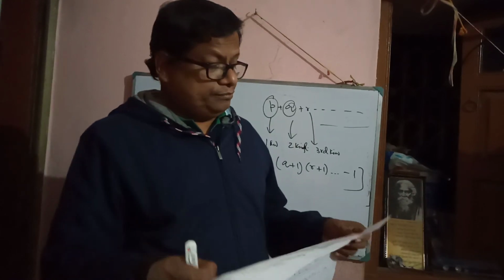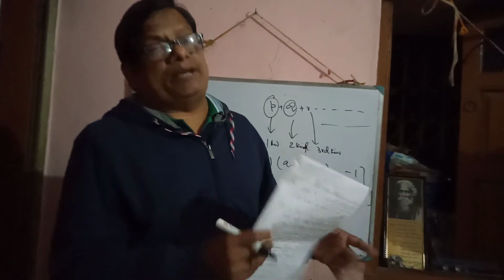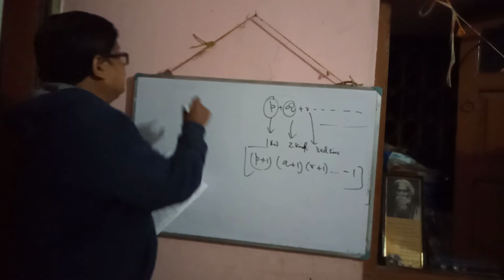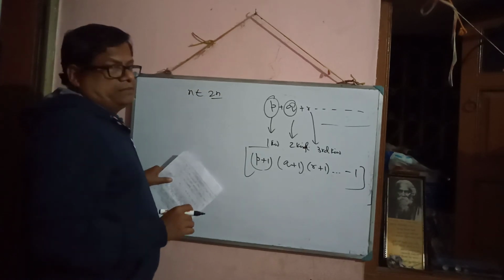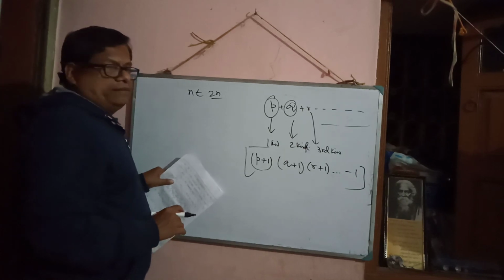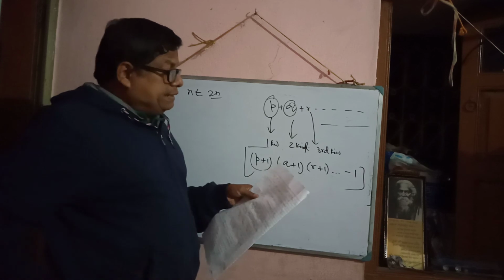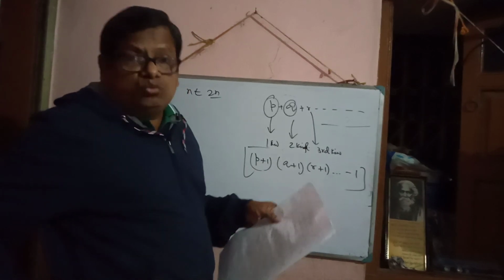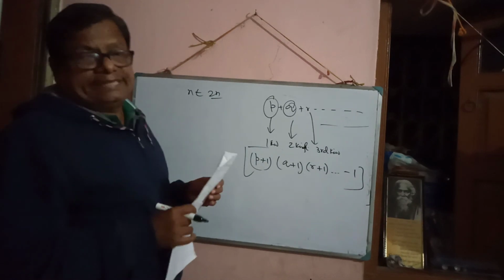And another is there, NCR greatest value. If n is an even positive integer, then NCR is the greatest value when r equal to n by 2.